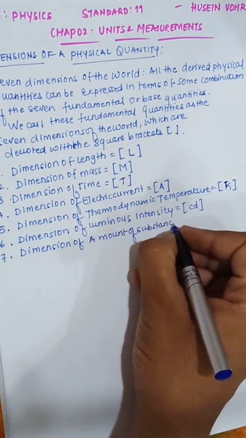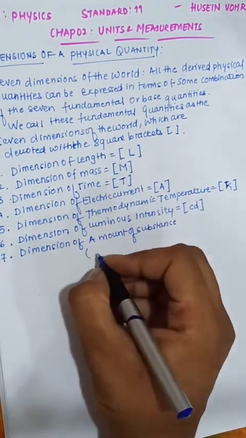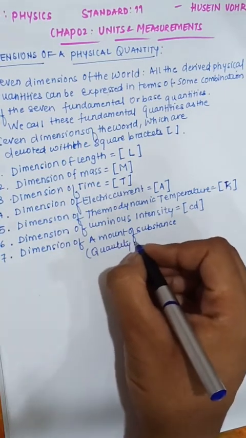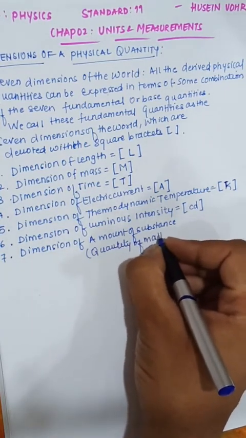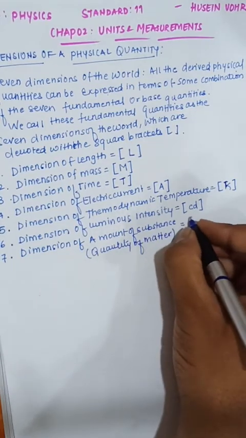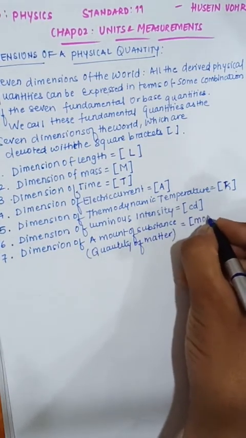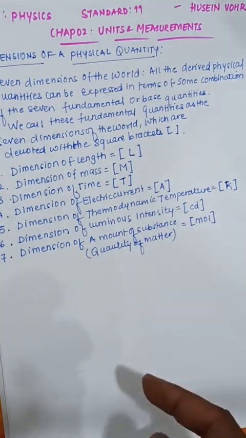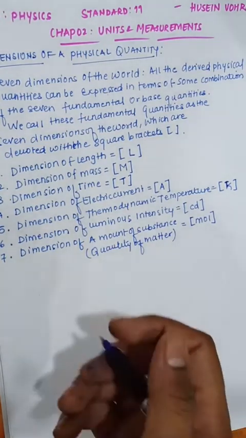This quantity is also known as quantity of matter, one and the same, given by square bracket mol. Remember, the unit mole is written as MOLE, whereas the dimension is written as square bracket MOL.